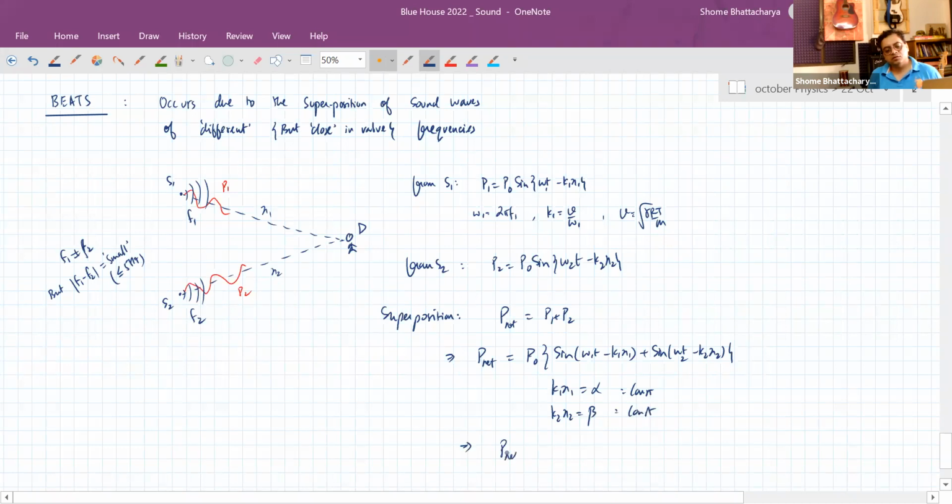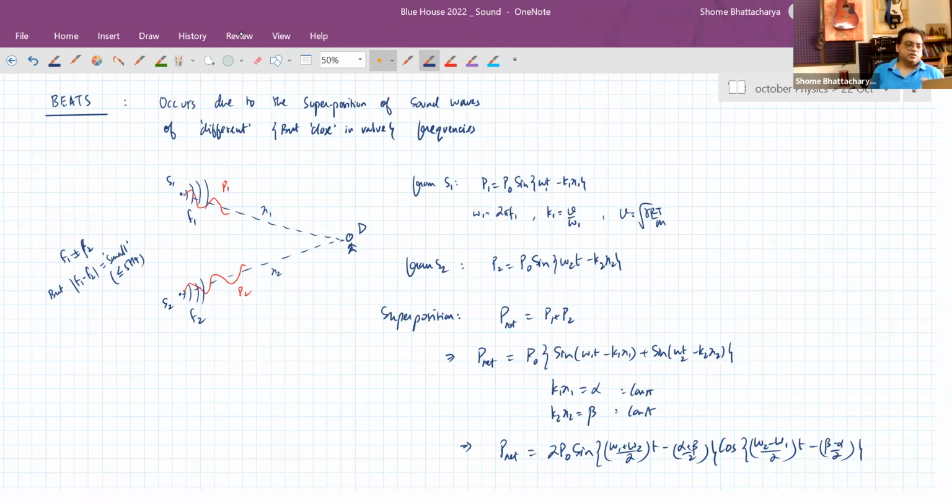So the net pressure variation will become 2P naught sine of (A plus B) by 2 into cos of (B minus A) by 2. So just make a note up to this step, then we'll discuss the next one.